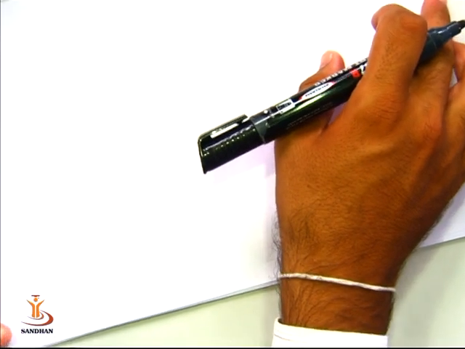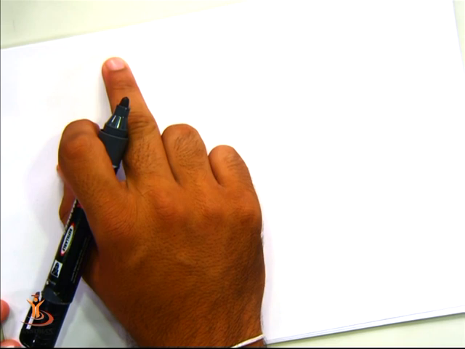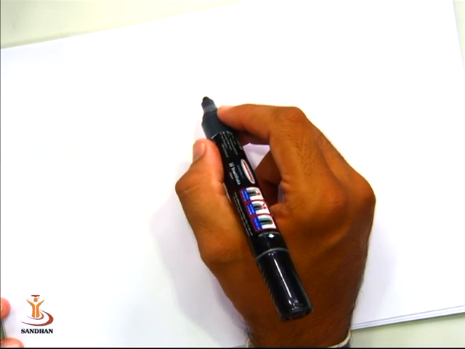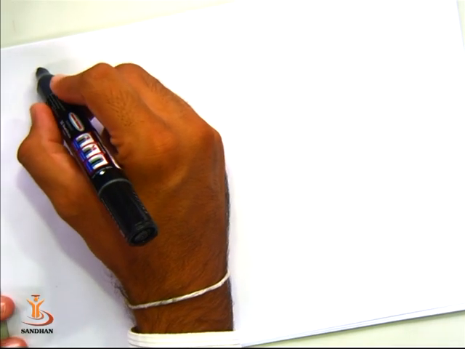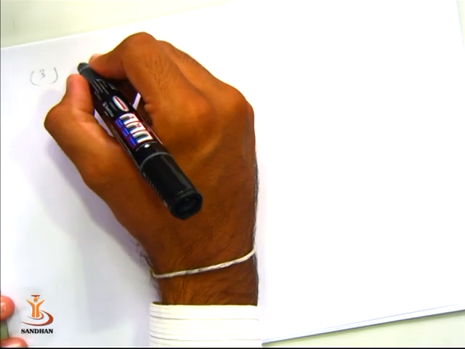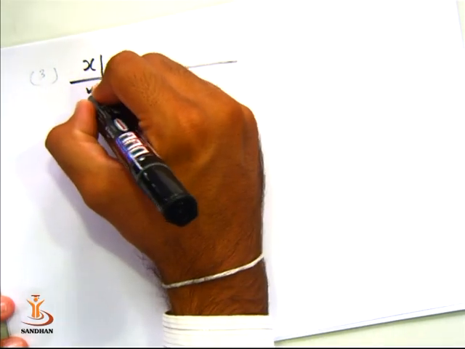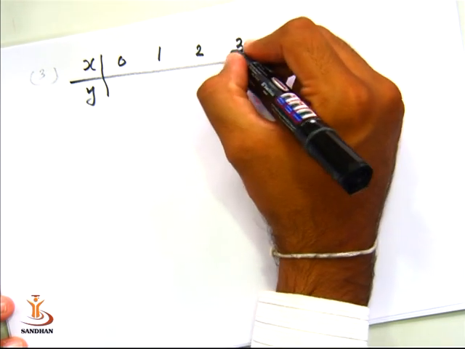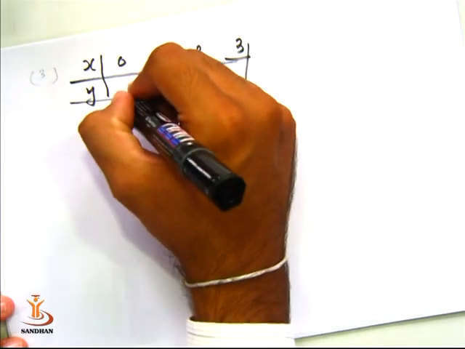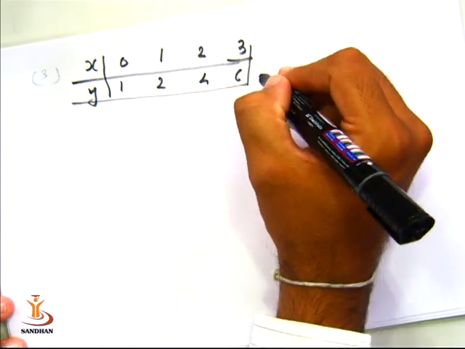These finite differences have another application: to obtain the polynomial function, polynomial values for different given values of arguments and entries. So let us take one more example to make things clear. Let us take some pair values x and y as 0, 1, 2, 3, and the corresponding values of y are 1, 2, 4, 6.